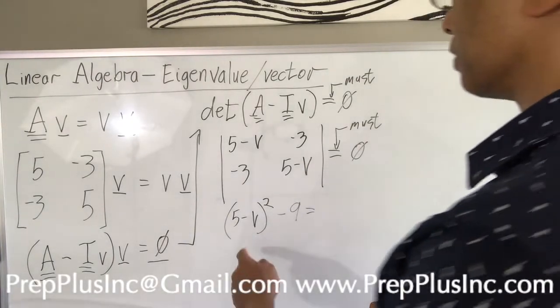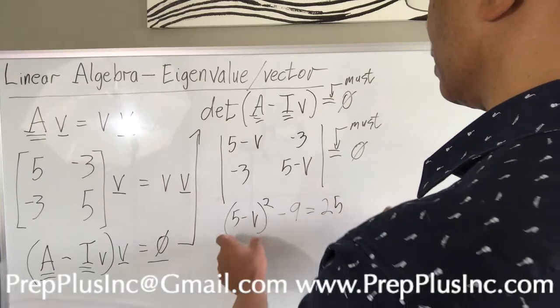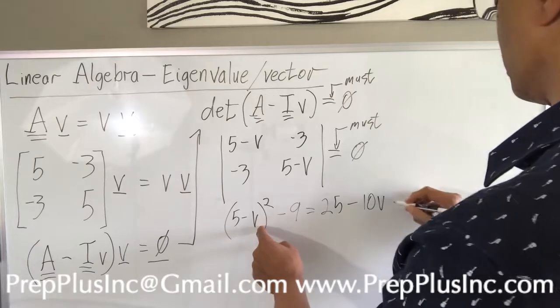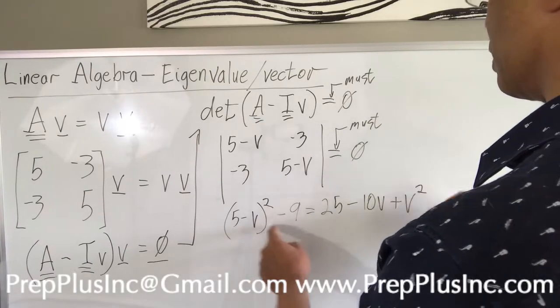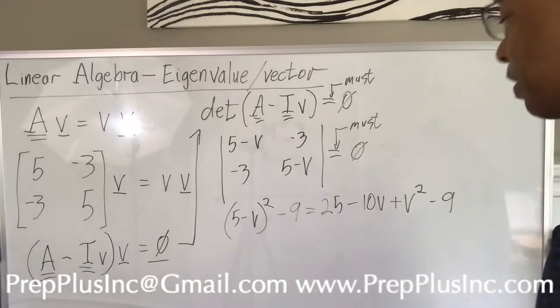So this is, let's see, 25 minus 10 lambda plus lambda squared minus 9. Let's just keep going with this.